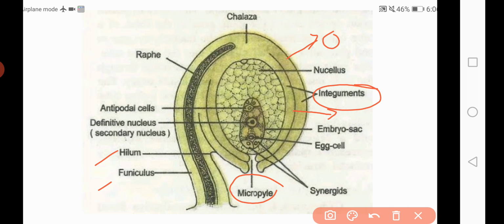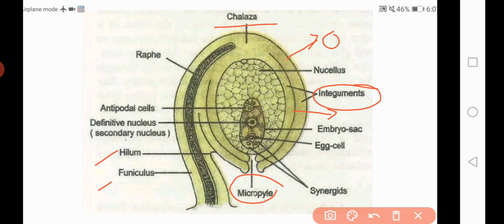The micropyle is the tip region of the ovule. Now just opposite to the micropyle there is a basal portion which is called the chalaza. Opposite to the micropyle, chalaza is present, and this chalaza is the basal part of the ovule.